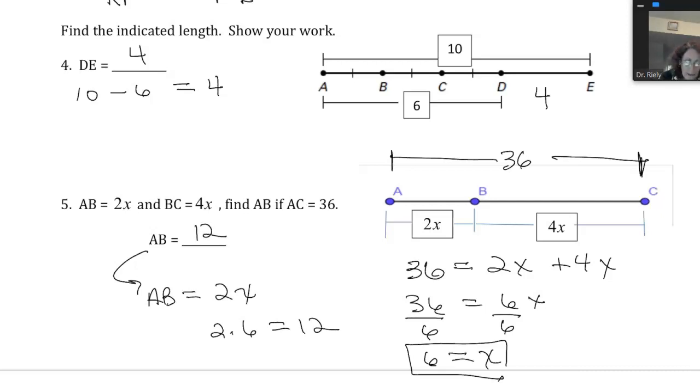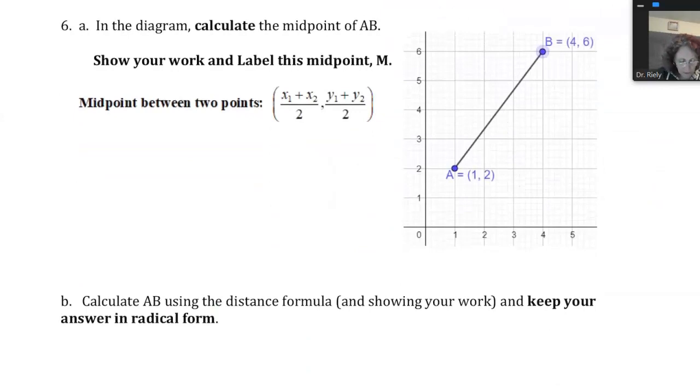So I'm going quickly. You can stop the video at any time and go back over what I just said to make sure you understand it. Okay, let's go on. Okay, in the diagram, calculate the midpoint of AB. Show your work and label this midpoint M. And I give you the formula. Here's your formula right here.